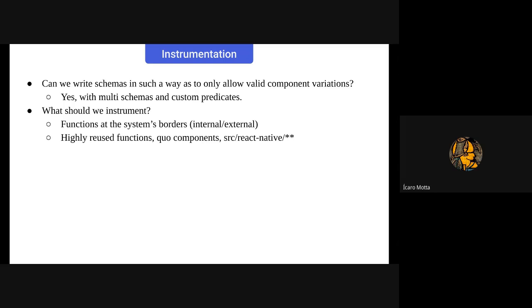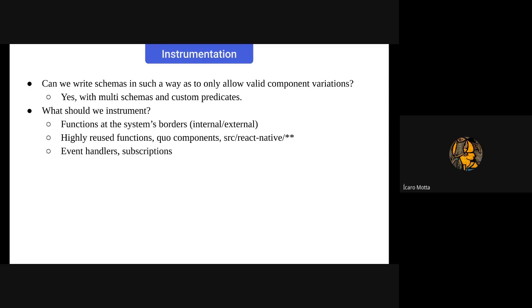Another idea is to instrument highly reused functions. So for instance, some quote components, not all of them, maybe all of them, okay, but might not be worth it. We have many components that only have one call. We could add schemas for React Native namespaces that are highly reused. This can be very valuable.